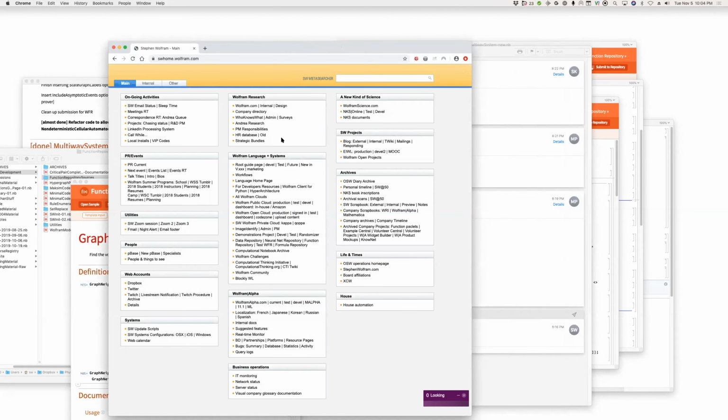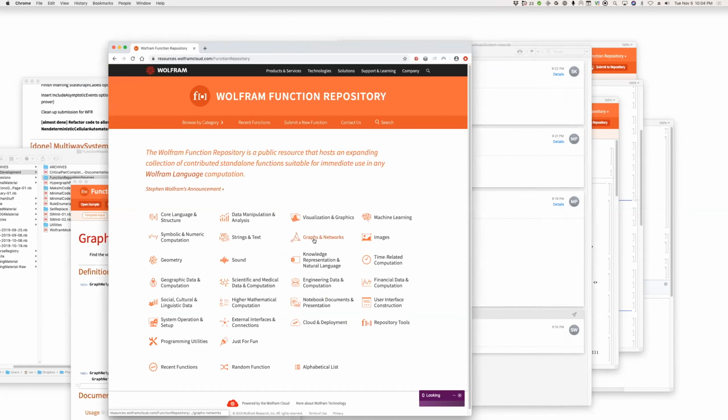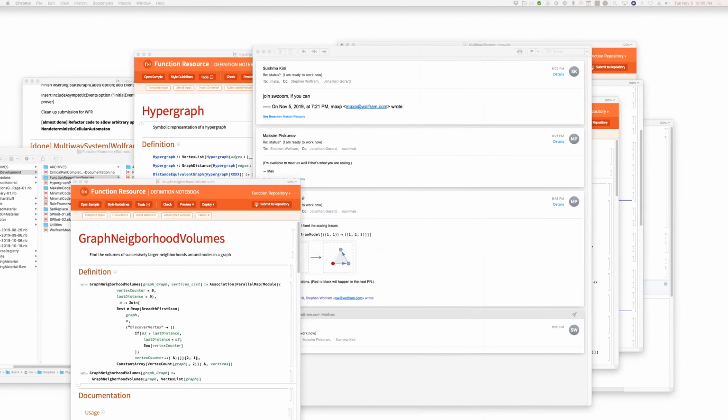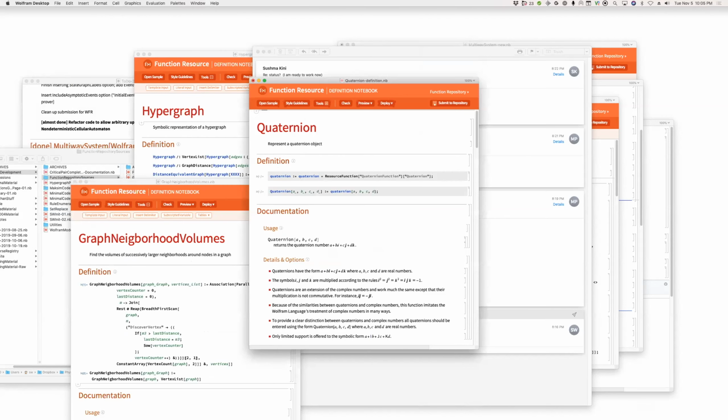But it has to be in a context. If it's a symbol, it's in some context. No, it's a function repository object. Yeah, but it is just an object. Yeah, I know, so that's what I'm saying. That's a model for what we should do with Wolfram, with both hypergraph and so on. Let's look at the source notebook. Okay. Yep. Definition notebook.